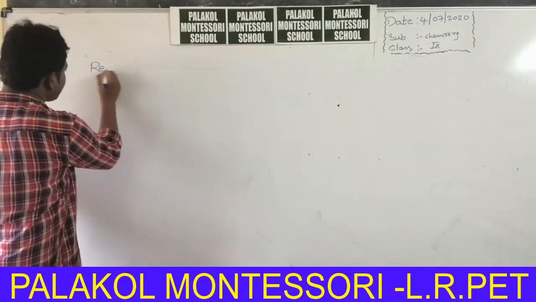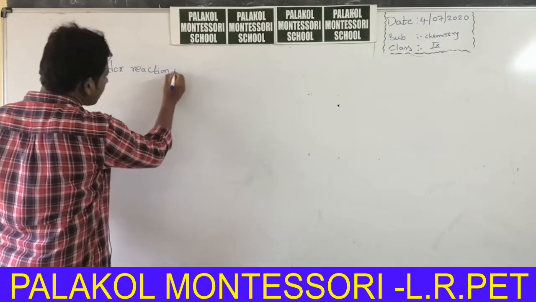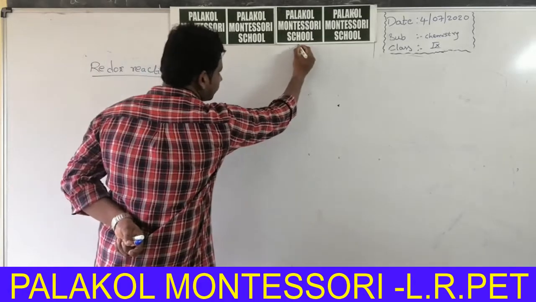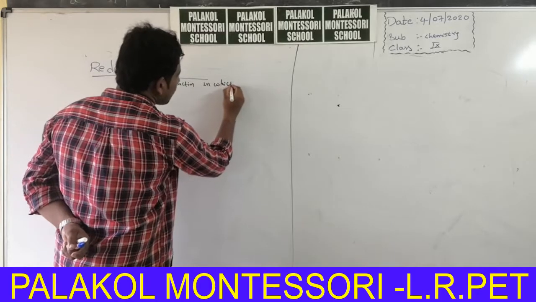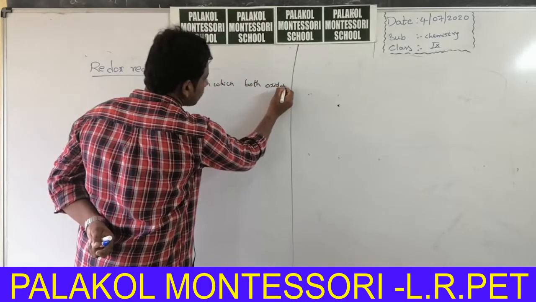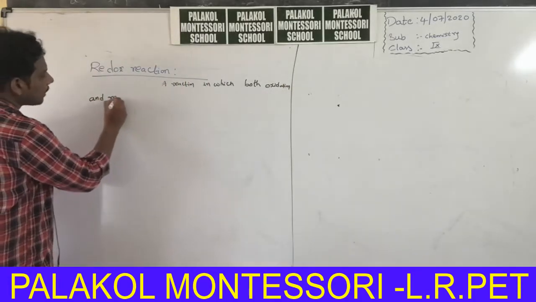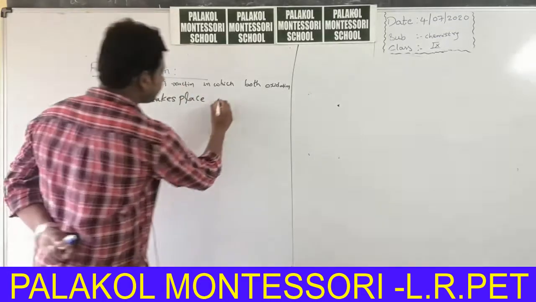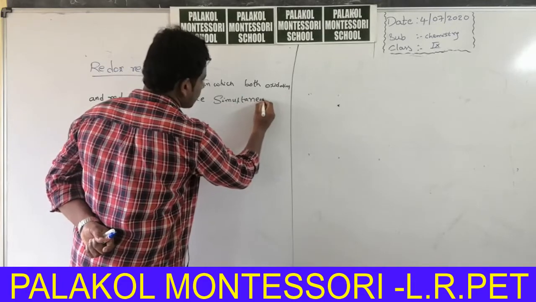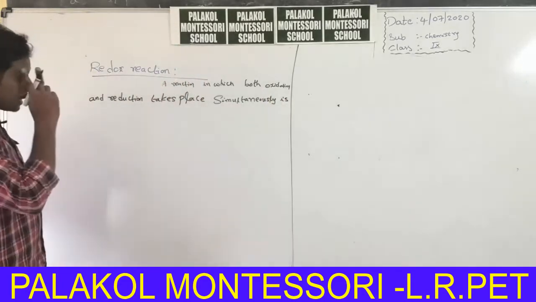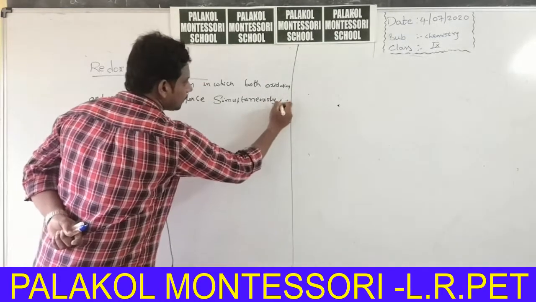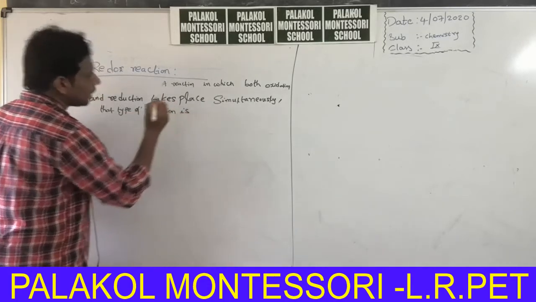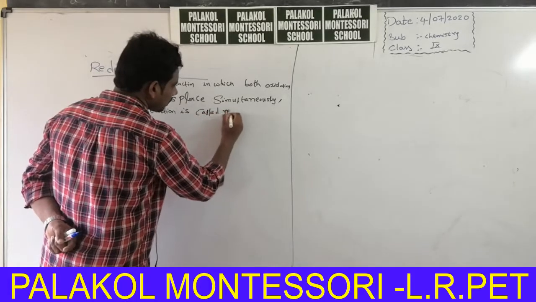Redox reaction definition: a reaction in which both oxidation and reduction take place simultaneously is called a redox reaction.